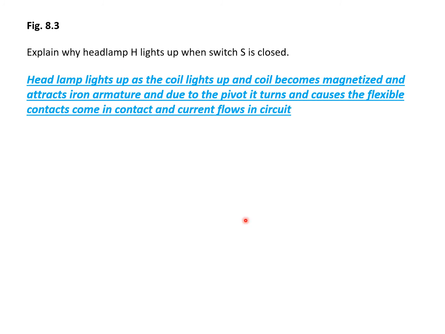The question asks us, explain why headlamp H lights up when the switch S is closed. The headlamp lights up as the coil becomes magnetized and attracts the iron armature, and due to the pivot it turns and causes the flexible contact to close and current to flow.